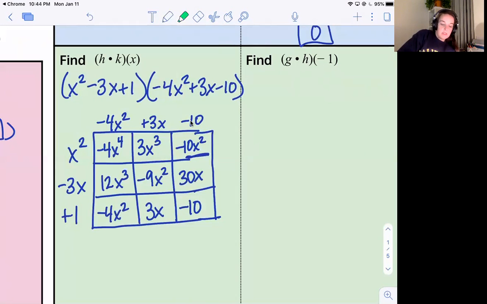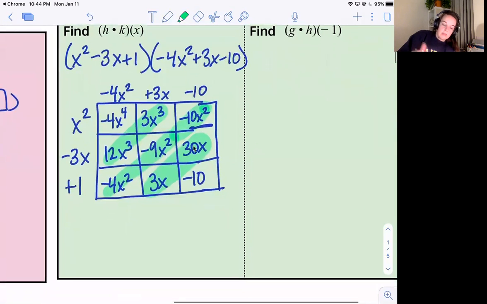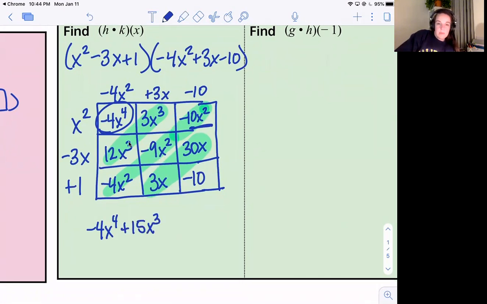Cool. As you might notice, we have like terms if we go in the diagonal direction. So we see we have x to the third here, we have x squareds here, we have x's here. So we're going to combine those. We start here, negative 4x to the fourth. Positive 12 and positive 3 make positive 15x to the third.